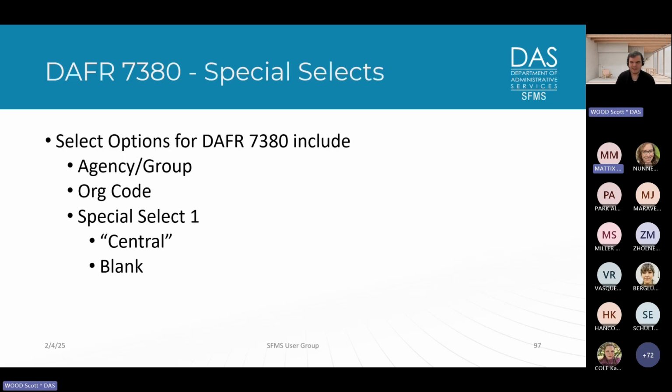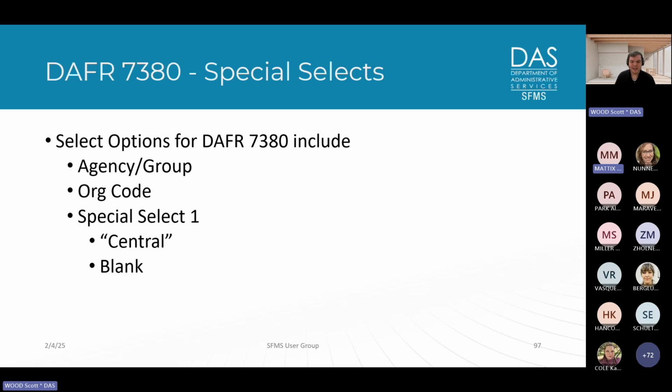Our special select options for the DAFR 7380 are agency group, which is for sorting the specific agency, 3 characters, you want for the report, or agency group, 2 characters. If you are part of a group, organization code will filter the report by the specific organization code you want.